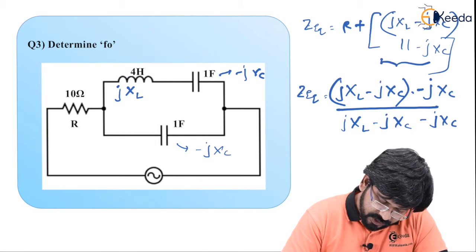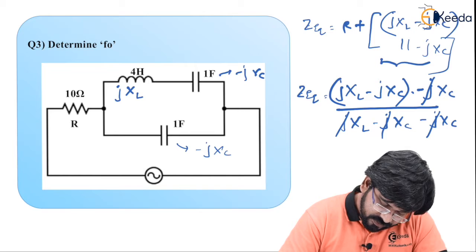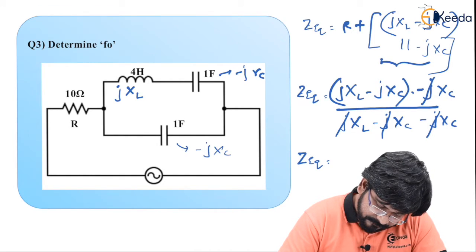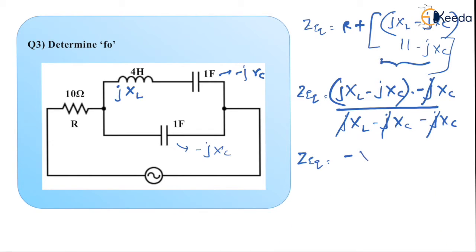As you can see, I can take this J common and this gets cancelled with this. So what is remaining? Minus XC into JXL minus JXC whole divided by XL minus 2XC. Is that right?